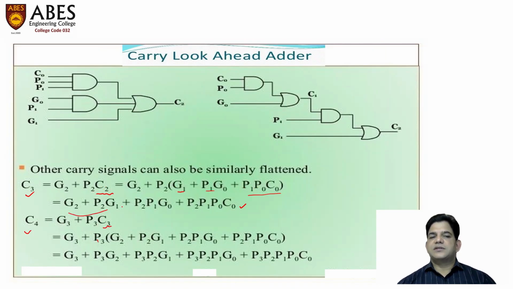We can replace C3 here, write out the whole equation, and get C4 again in terms of C0, the previous carry. So with the help of a combinational circuit, we can create an advanced circuitry to provide the input to the full adder circuit in the case of the carry lookahead adder.